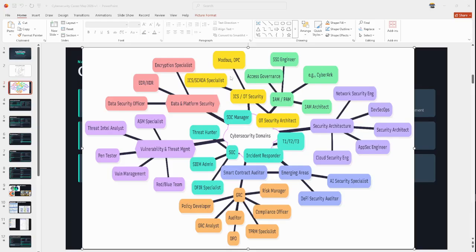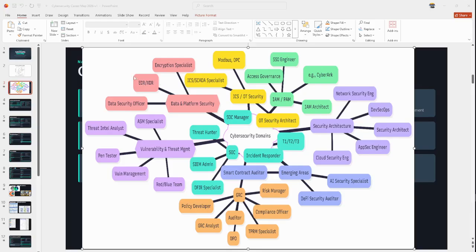Forensic is not at all here. That will come under threat intel analysis and vulnerability management. Here it will come, your forensic. And this will be under identity and access management, which is completely a different field.